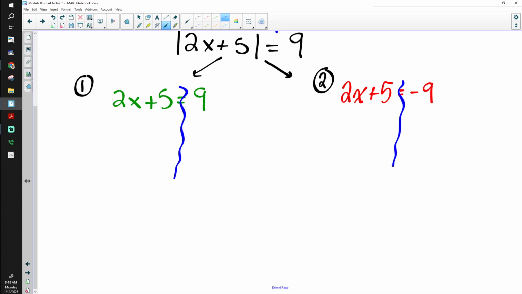So here, we would want to move our plus 5. We want to get rid of that plus 5 first, before we worry about the 2 that's attached. Okay? So for both of these problems, you should subtract 5 on both sides.